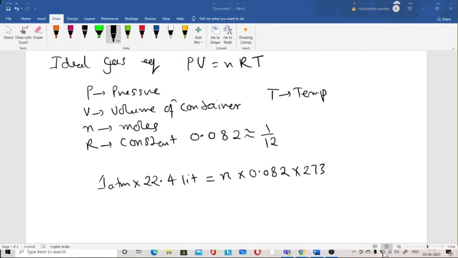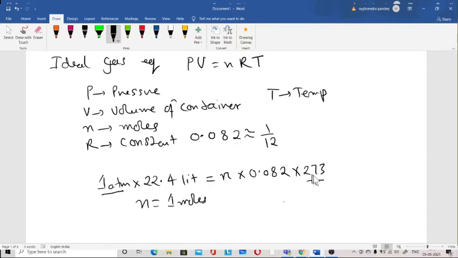Sir, approximately 1 mole. Yes, approximately 1 mole. So N is 1. So this 1 atmosphere and 273 are STP condition.